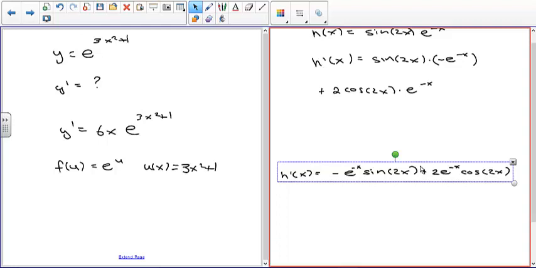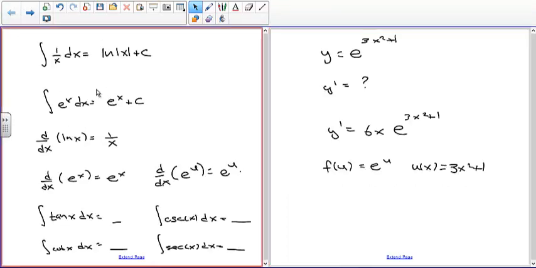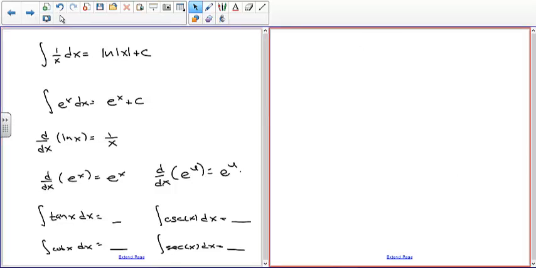Okay. So the next one, let's go back to our list of formulas. We're just using this one, using u substitution. So u, to make this thing work, has to be the exponent.